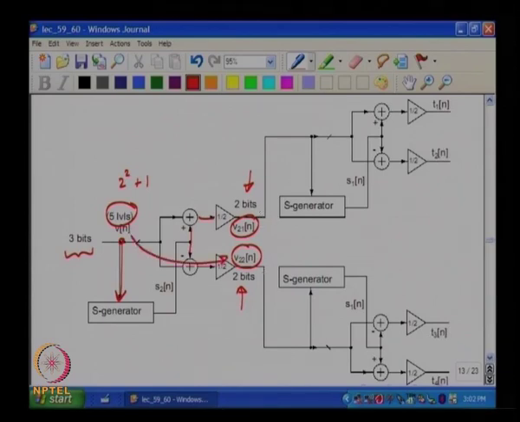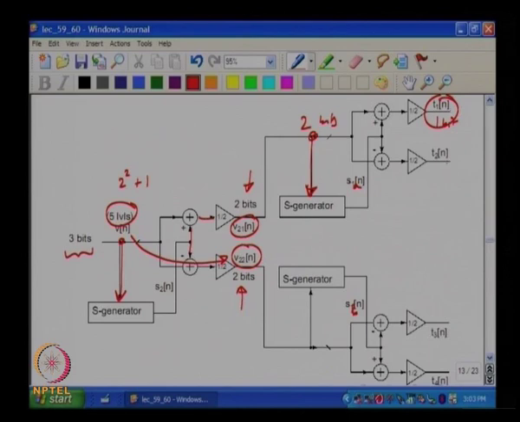Now, I take V21 and V22 and again have a sequence generator which generates another S, let me call this S1 A and S1 B, alright, and what if there are 2 bits here, this must be 1 bit.